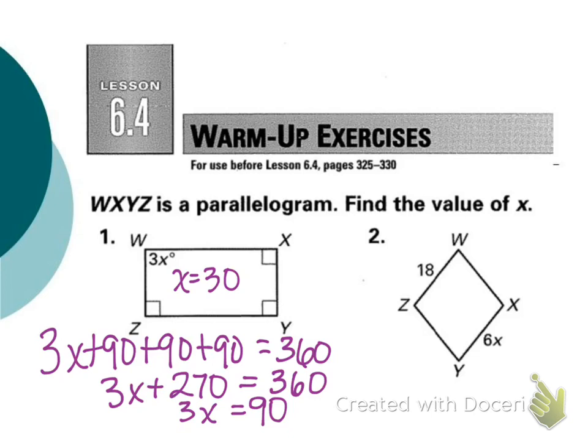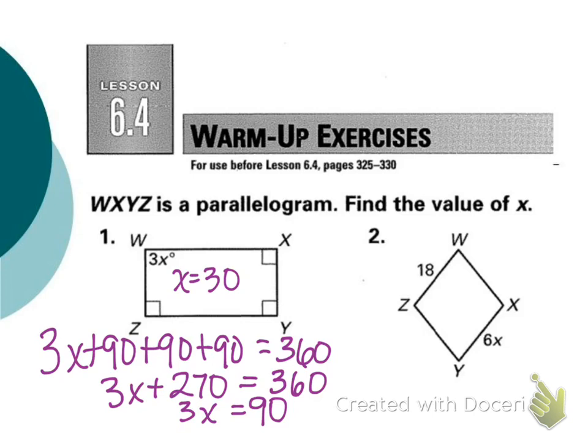So I could have jumped straight to setting 3x equal to 90 because it's across from it. You know it's a parallelogram, so opposite angles are congruent. You could have also used your consecutive angles. There are several ways to do that problem.